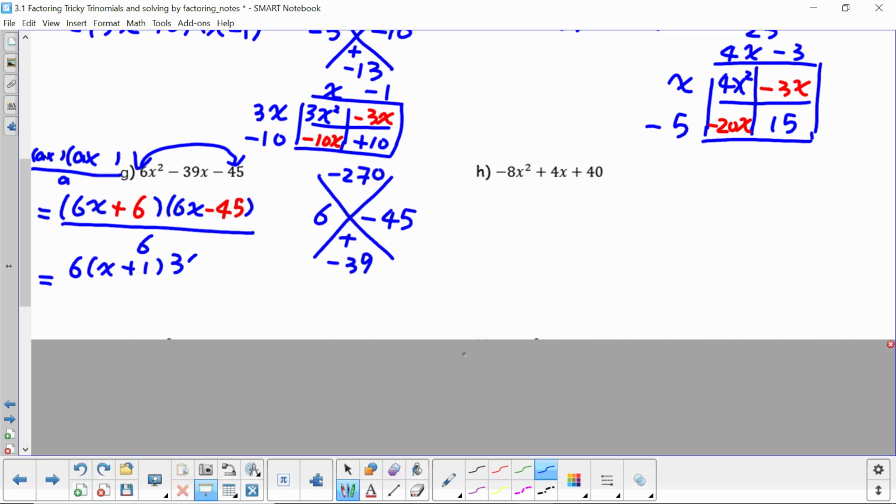So we take 3 times each term divided by 3, so we have 2x minus 15. And all over 6. 6 divided by 6 gives you 1. We put 3 at front. x plus 1, 2x minus 15. That is done.